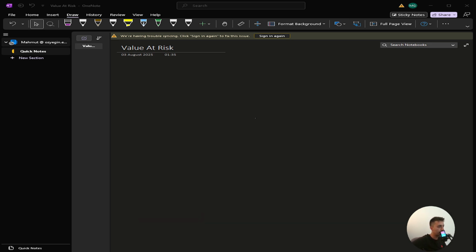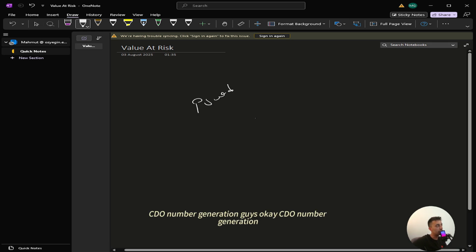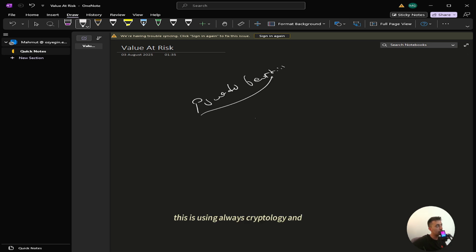All right. And by the way, if you try to understand Monte Carlo simulation before value at risk, you must know pseudo number generation, guys. Okay, pseudo number generation. This always uses cryptology, a cryptology specialist area, because this is a crypto chapter, guys.